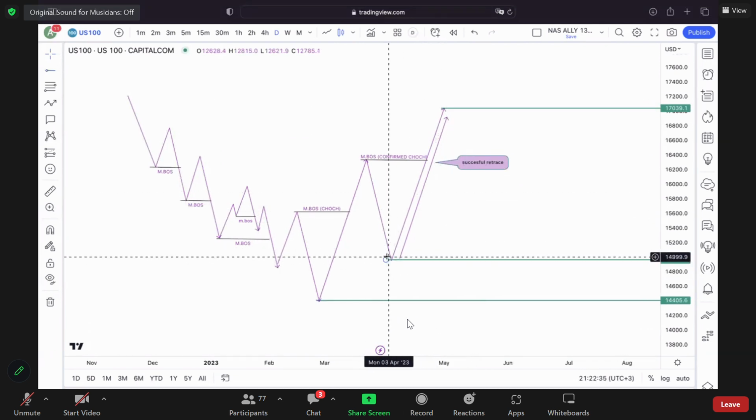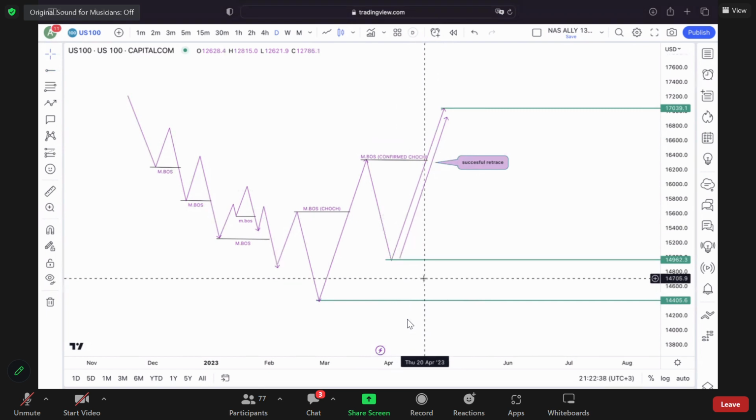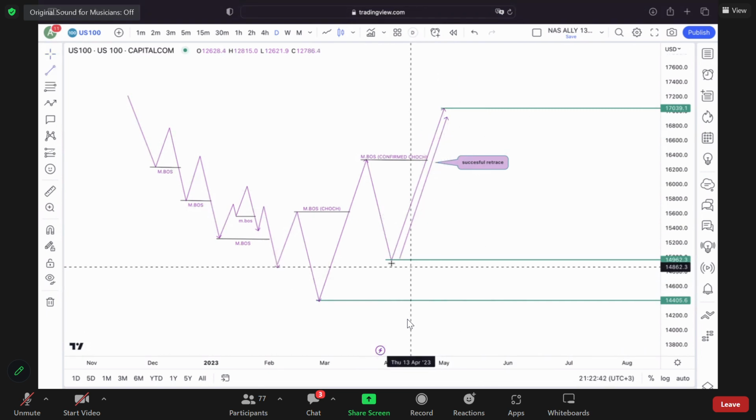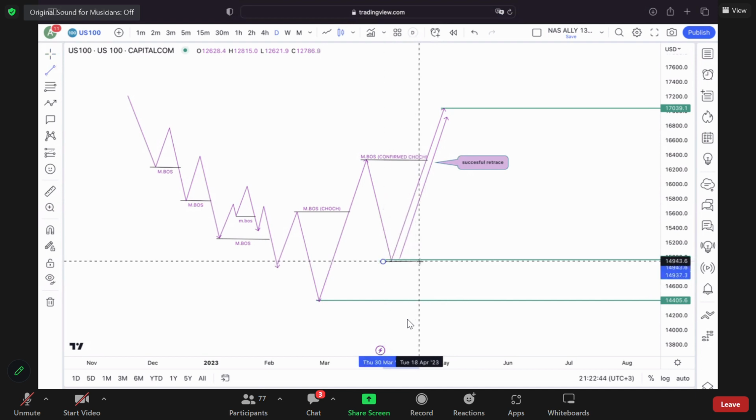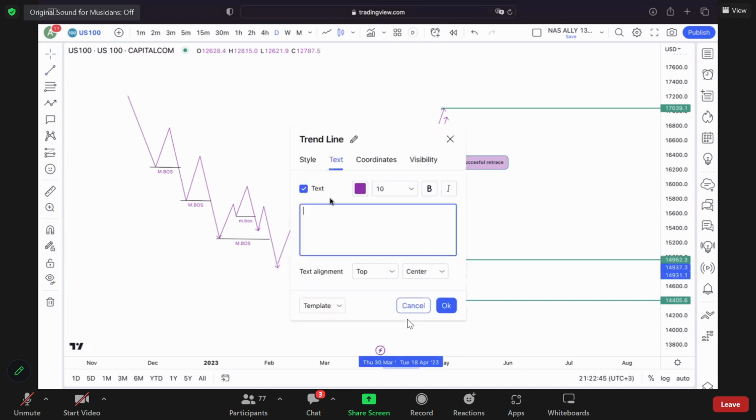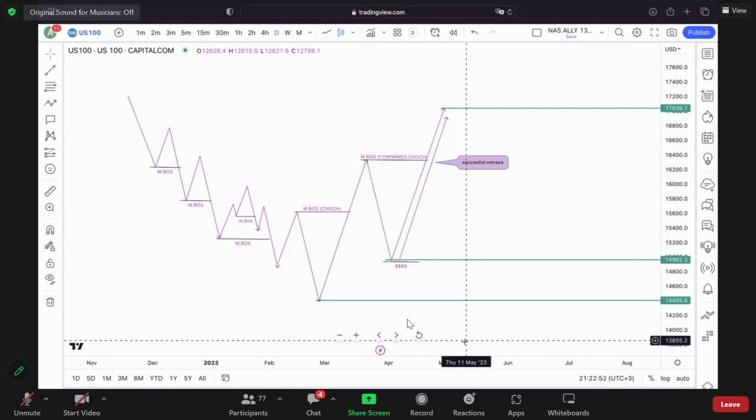However, what's sitting below this low? The liquidity, right? Exactly. So there's liquidity laying here, and that means that the market can do one of two things.